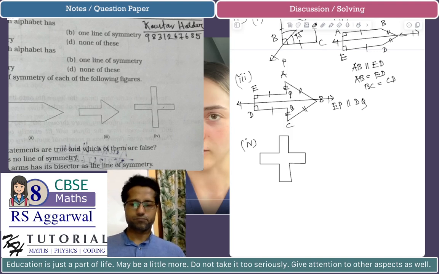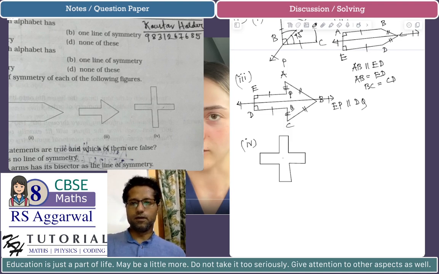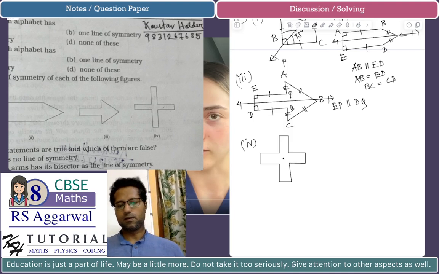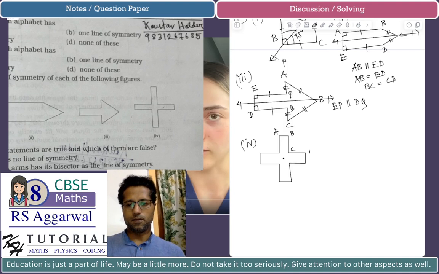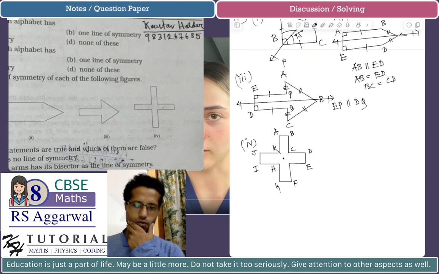Now consider this as the center of the figure, and let's name the corners A, B, C, D, E, F, G, H, I, J, and K. How many lines of symmetry are there?